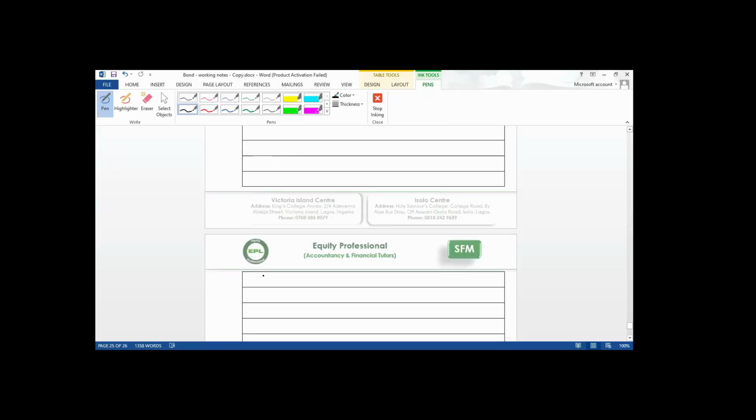We now come here: calculation of spot rates for year 1, year 2, and year 3.